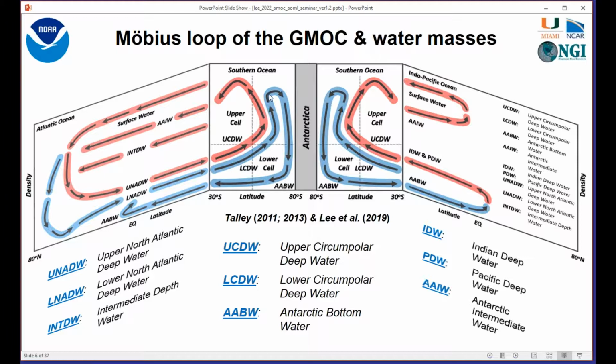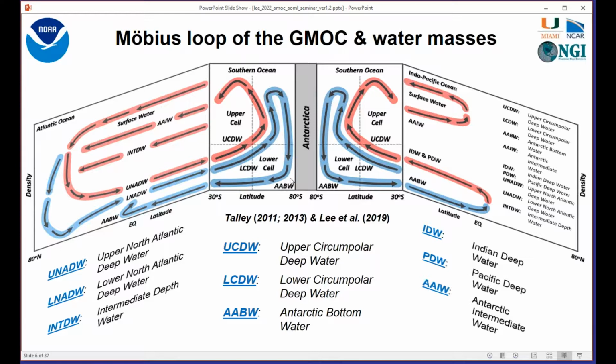and form Antarctic intermediate water. And then it is driven by sinking near the Antarctic ice shelf, especially near the Ross Sea and Weddell Sea, and other areas of deep water formation, that actually drives this lower cell.